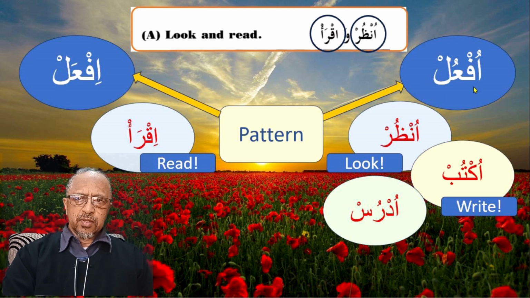Those are the radicals or root letters, Fa, Ain, Lam, but preceded by the U. In all cases it will be preceded by U in this pattern. The second letter will always have the sukoon, and then another U sound, another dhamma, and finally another sukoon. So Ondur, Uktub, Udrus.